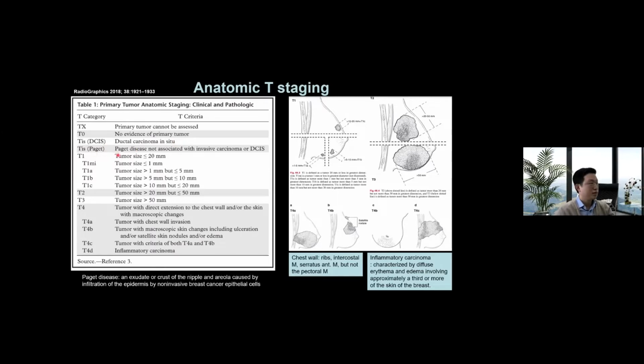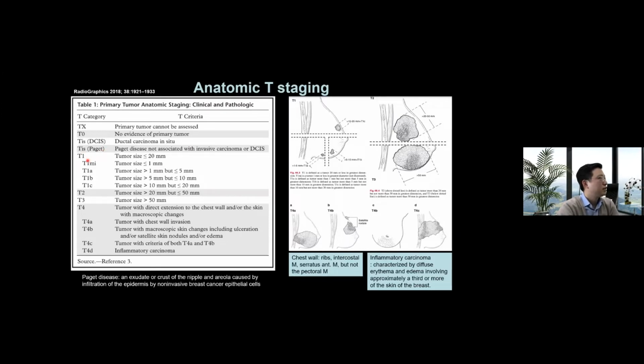And Paget disease is a clinical diagnosis that has an exudate or crust of the nipple or areola caused by infiltration of the epidermis by non-invasive breast cancer epithelial cells. So if Paget disease is not associated with invasive carcinoma or DCIS, then the T stage will be Tis of Paget.